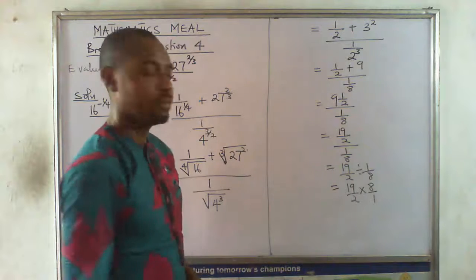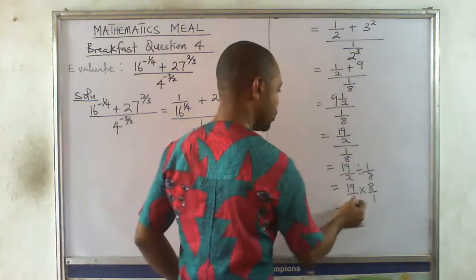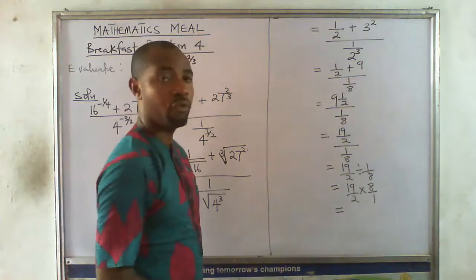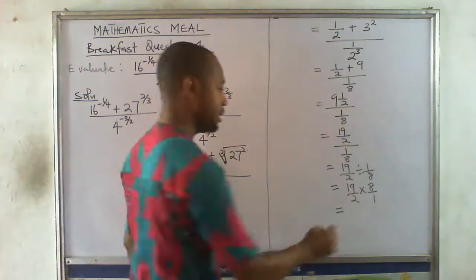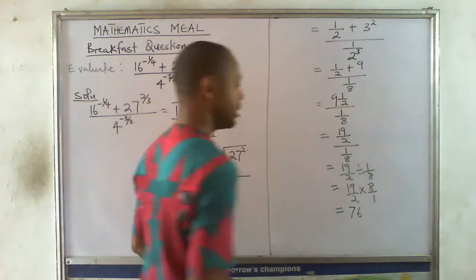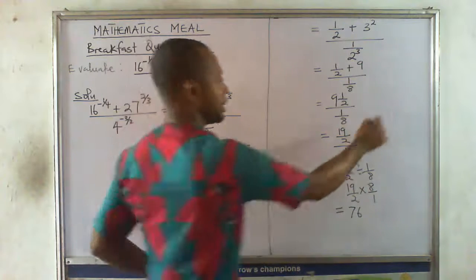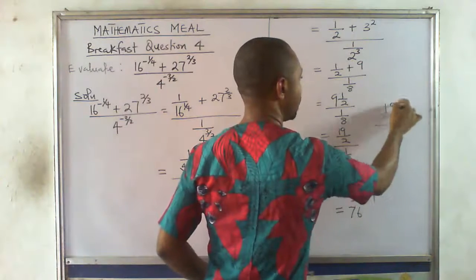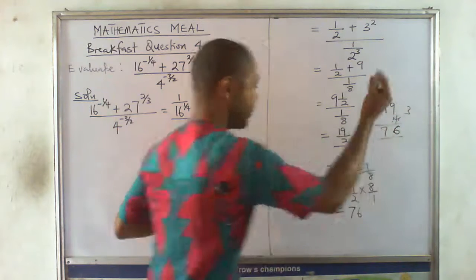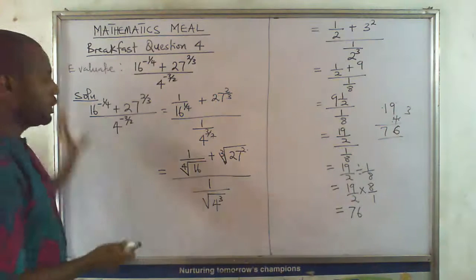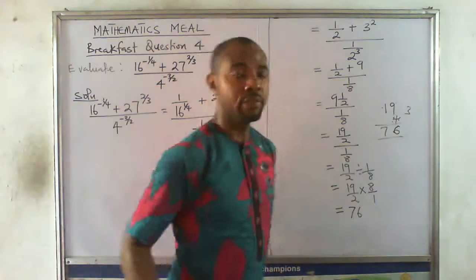When we do that, 2 divides 8 to give 4. And when 4 multiplies 19, we have 76. That's 19 times 4. So the whole of this reduced to 76.